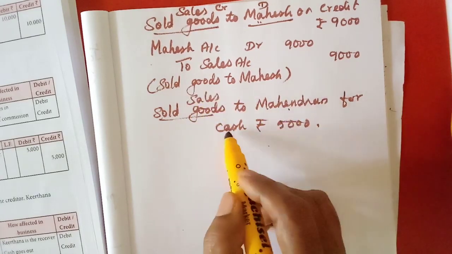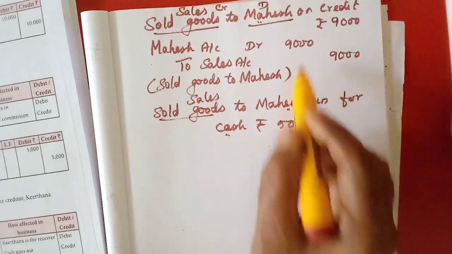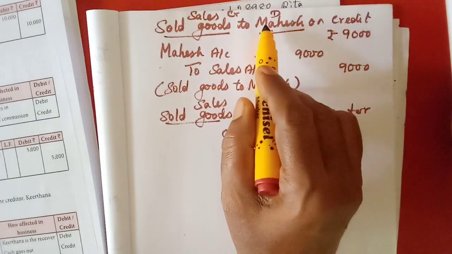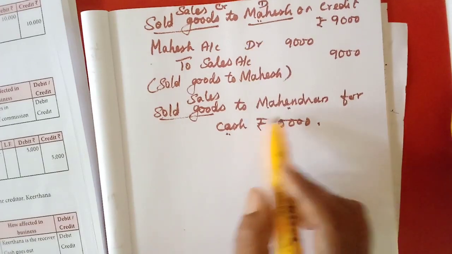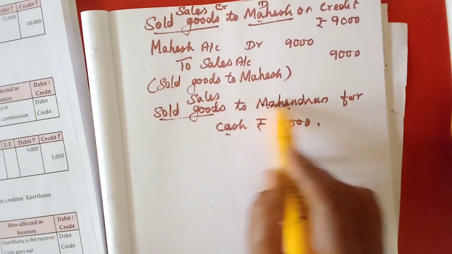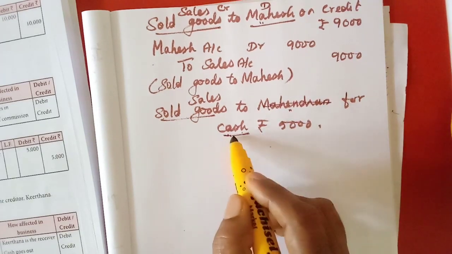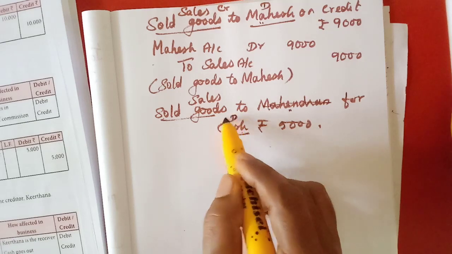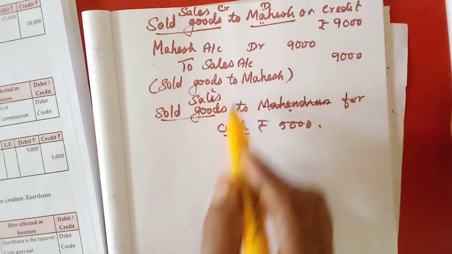Then Mahendran there, cash there. Whether Mahendran or cash, only if it is credit can we take that person, like Mahesh. But here this one is for cash, so ignore Mahendran, only cash. Cash is coming in, so we need to debit. This one is income, so it should be credited.